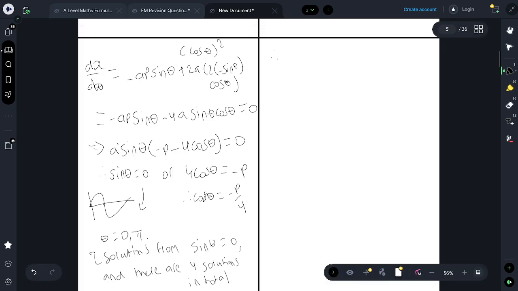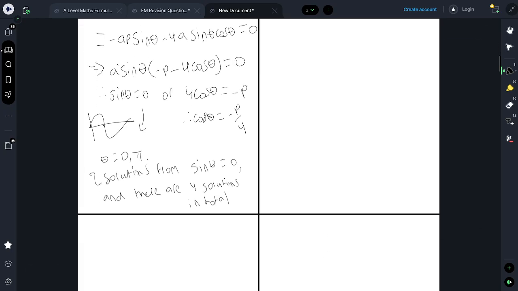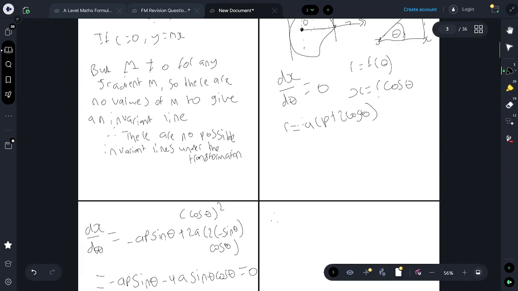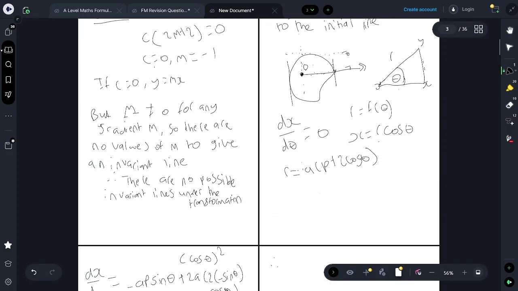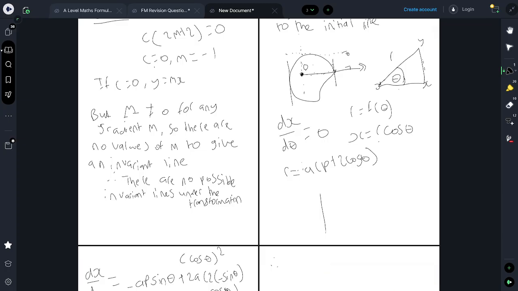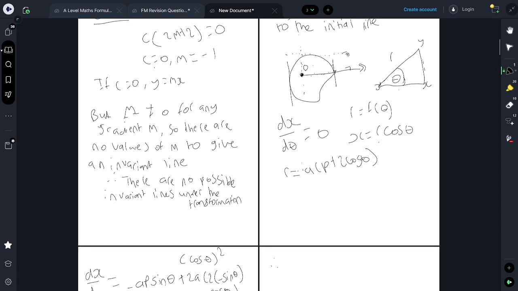Therefore, you might think, oh, what about if maybe they are the same angle? That can't be true because what makes every point unique on the polar curve is that the angle's unique. Obviously, they repeat every 2 pi, but it doesn't have to. It depends on how the curve's defined.